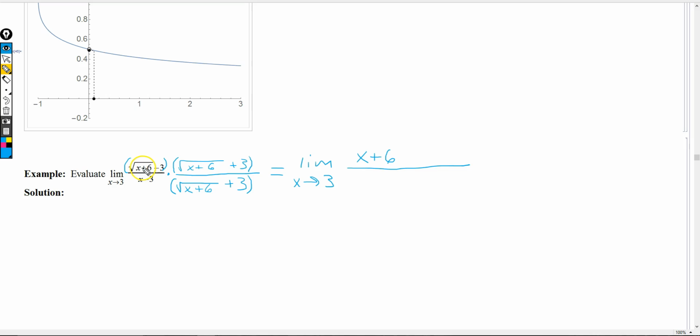Of course, root x plus 6 times 3 will cancel with root x plus 6 times negative 3, so I'm not even going to write them out. And then the final term is negative 3 times 3, that's going to be minus 9, divided by x minus 3 times the square root x plus 6 plus 3.